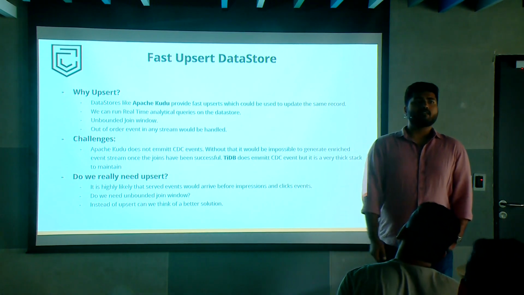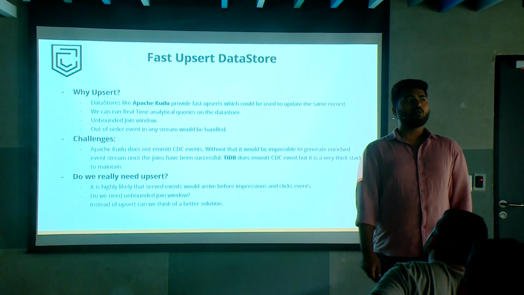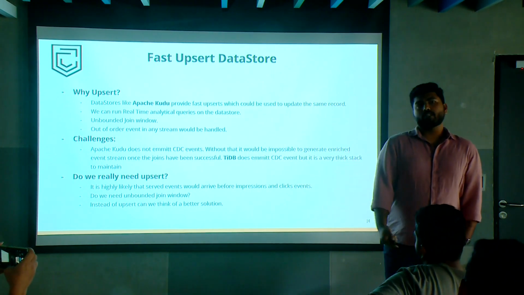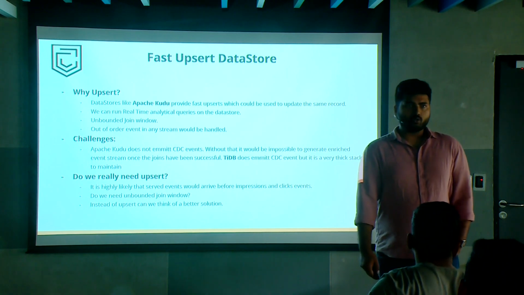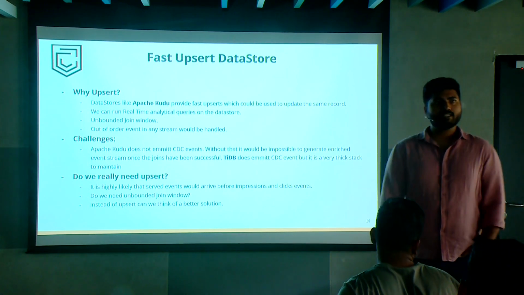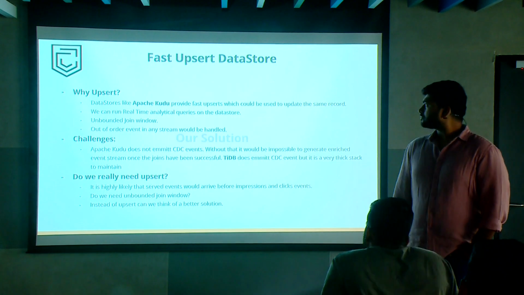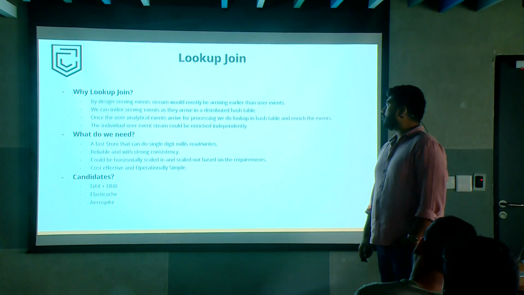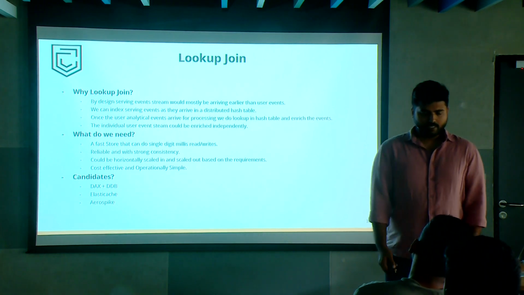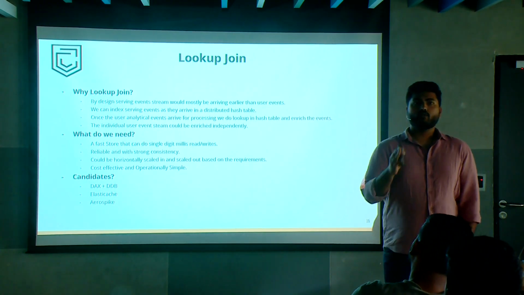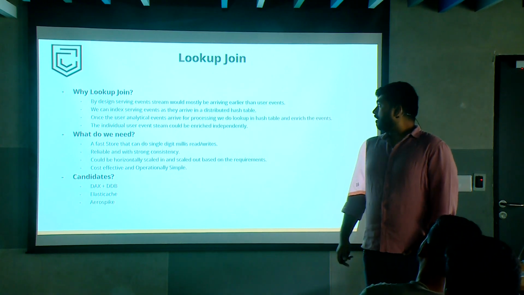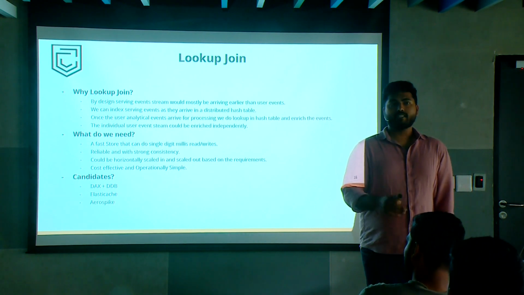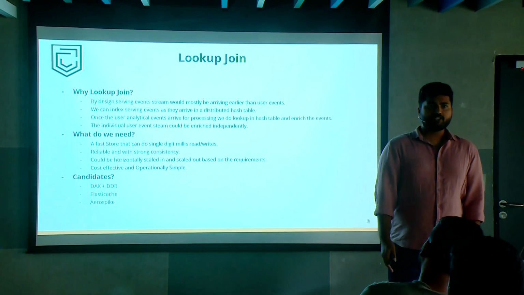Or there is hash join, where you create a hash table in memory for one of the data sets and do a lookup from the other data set to do the join. So we thought, why can't we replicate the same thing in streams? That's why we settled on doing a lookup join, because there is a set pattern in the way the streams are delivered. Mostly the serving events, which we use as the lookup, would be indexed in a hash table.